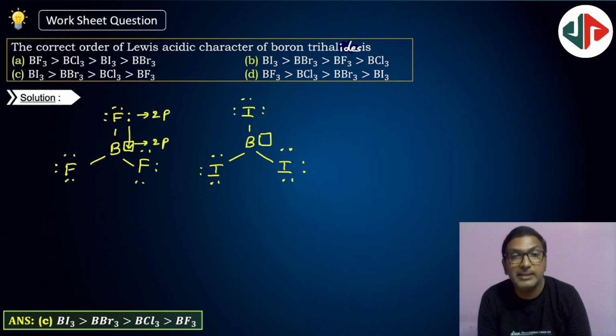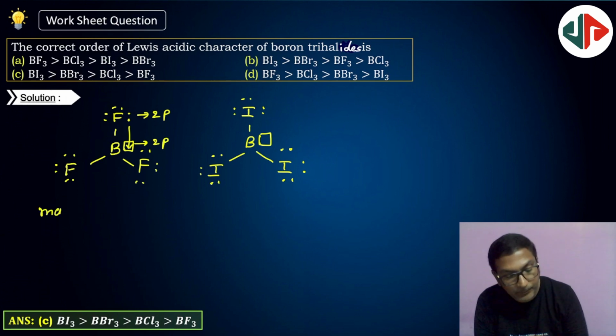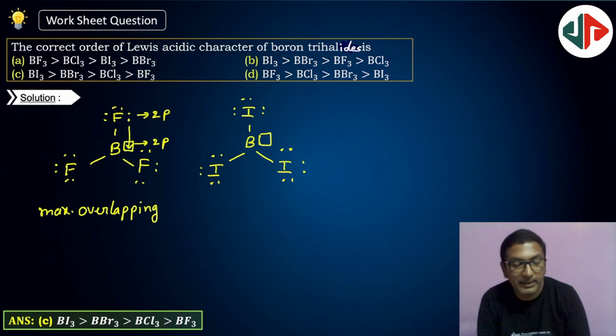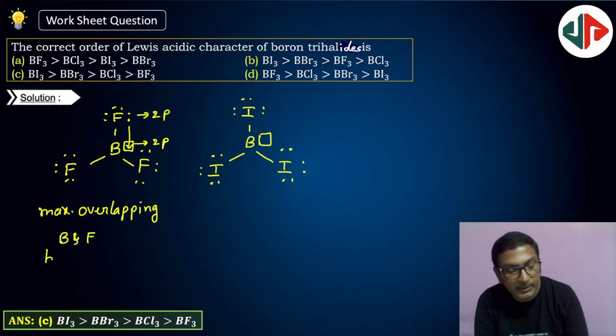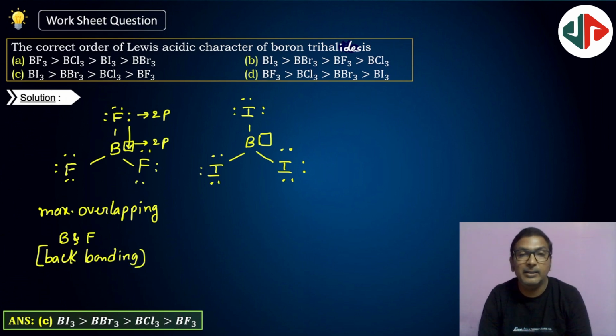So there is maximum overlapping between B and F. This is known as back bonding. So maximum back bonding is possible in BF3.